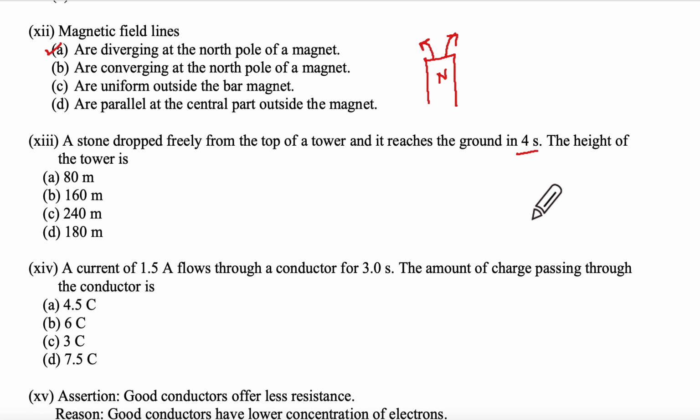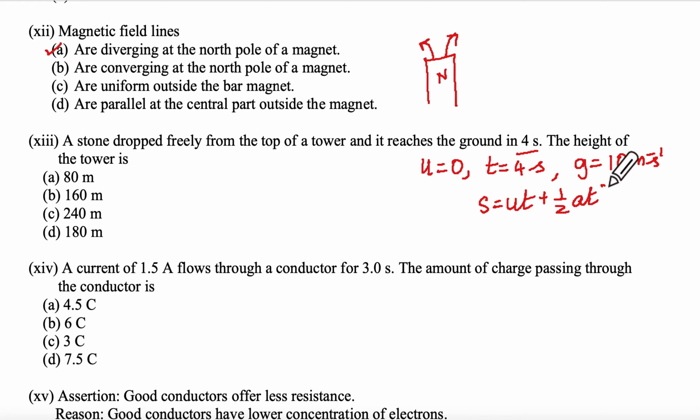What about this? It reaches in 4 seconds. The height of the tower is? So initial velocity is 0, and the time is 4 seconds. G is equal to, either we will take 10 meter per second squared or I can take 9.8 also. So the height is S is equal to ut plus half at square, correct?